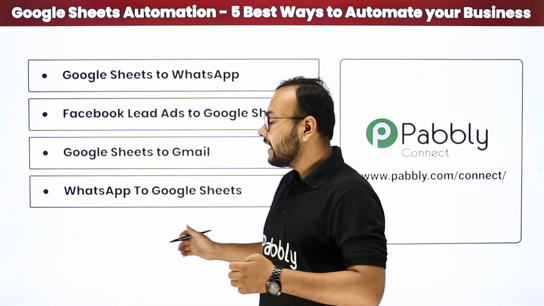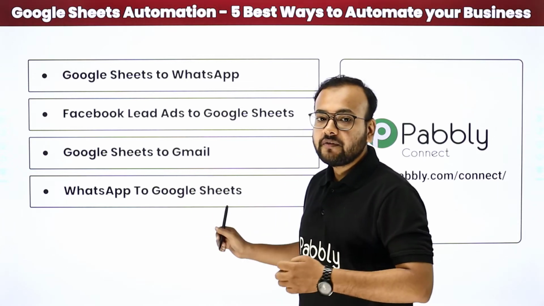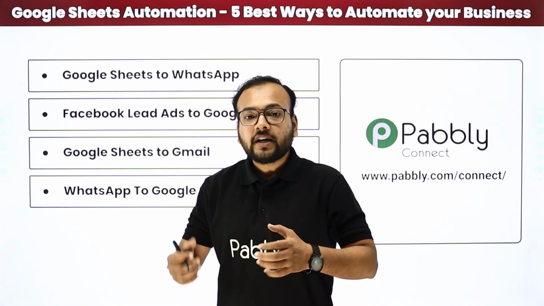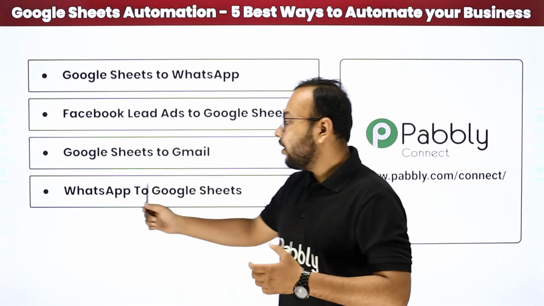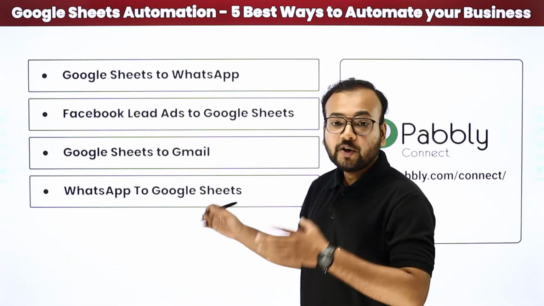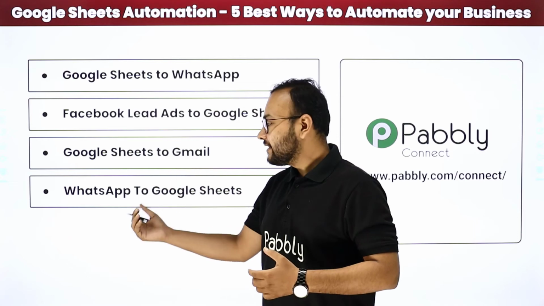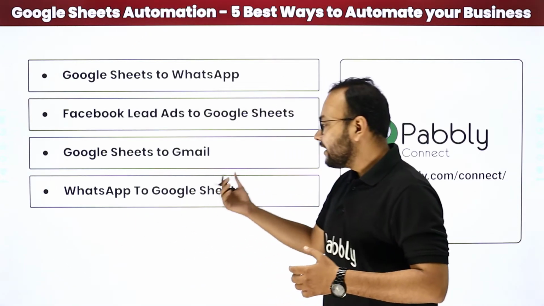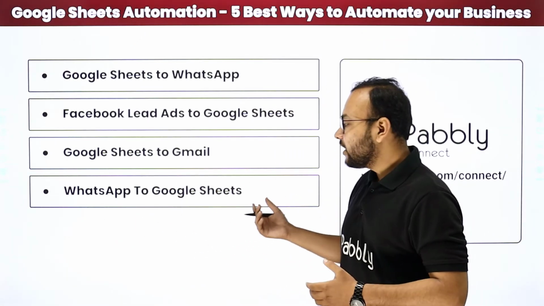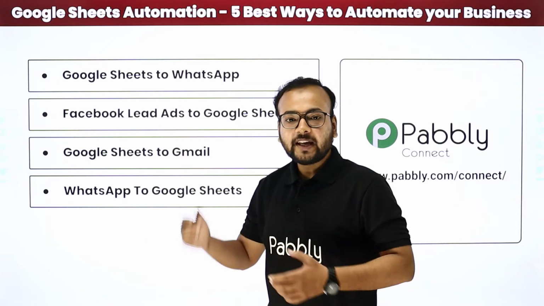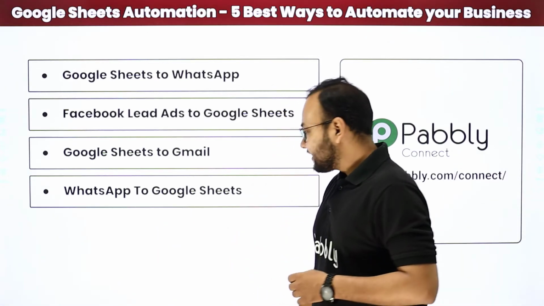So here we have connected WhatsApp with Google Sheets in such a way that you can fetch some important messages from WhatsApp to Google Sheets automatically. So you do not have to manually sort out the messages from WhatsApp, and you can directly see important things here on your spreadsheet application. Okay, now let's see what we have next here.